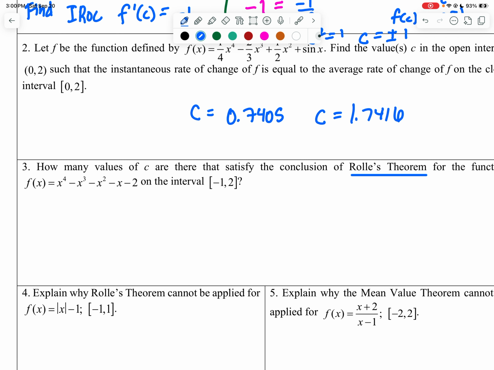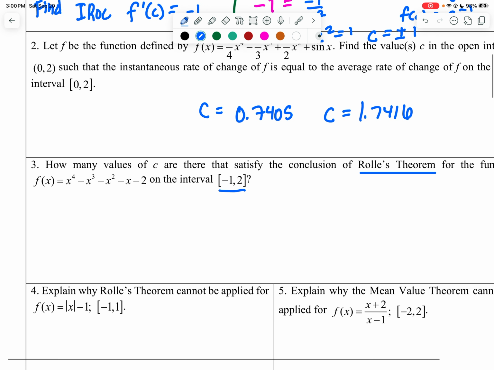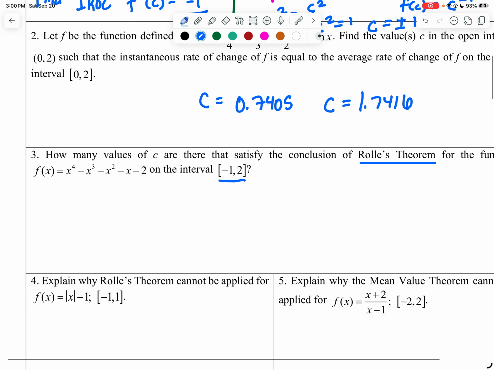All right, so for number 3, we're looking at Rolle's theorem here. So at this point, we are just setting the derivative equal to 0, because that's what Rolle's theorem is. And we want the interval from -1 to 2. Since this is a polynomial, f of x is differentiable, therefore f of x is continuous.